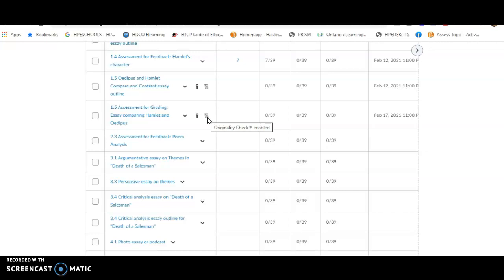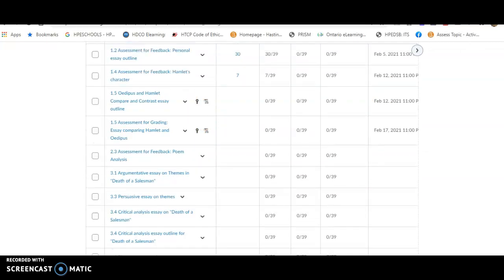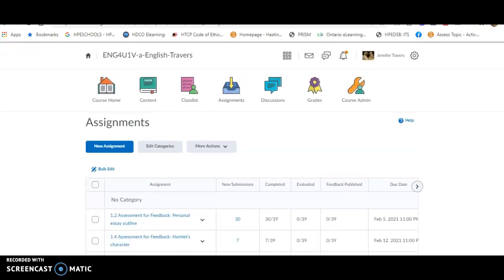So I just wanted you to know how important it is for you to not find information and copy and paste it into yours. It does only need to be 1,000 to 1,500 words, and you need to ensure that you're not plagiarizing any parts or quotes or references within your essay, because it is checking for me.